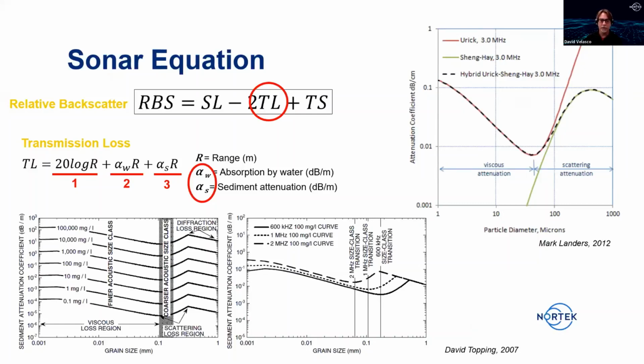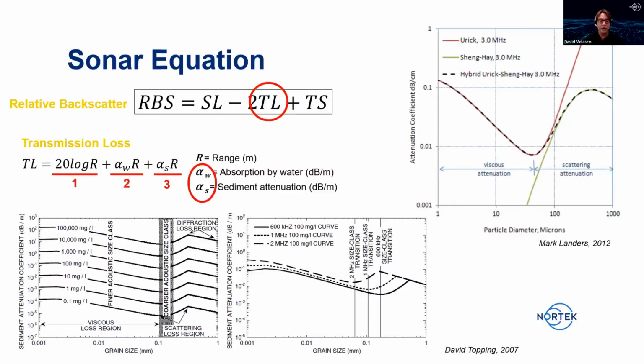So you start seeing some of the complexity in all of this, and it's not just a simple matter of plugging numbers into equations and a magical value popping out. One important point that we just wanted to highlight here is that in most cases, suspended sediment concentration is less than 1 gram per liter. And so the transmission loss is dominated by geometric spreading and absorption by the water itself.